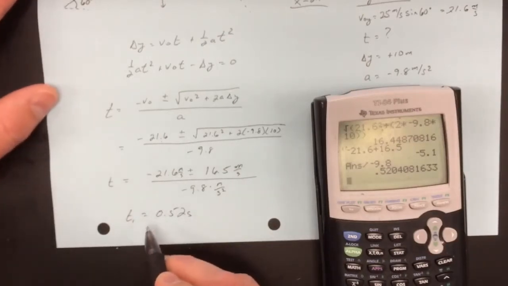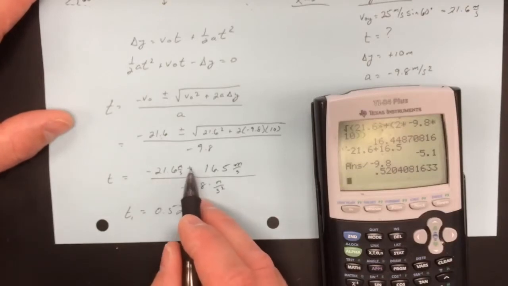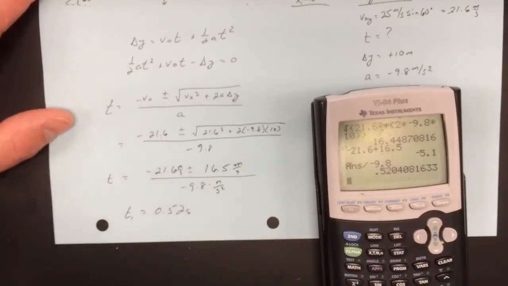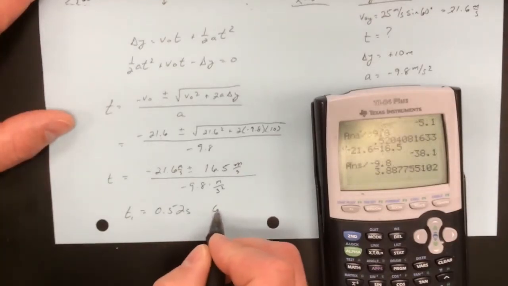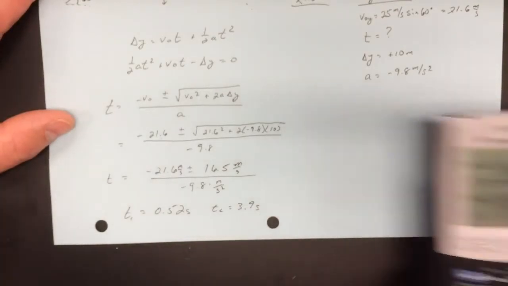Since it's positive, we know it's a real time. Now, since we just did the positive, we have to do the minus. So we're going to do negative 21.6 minus 16.5 divided by negative 9.8. We get another positive time equal to 3.9 seconds.